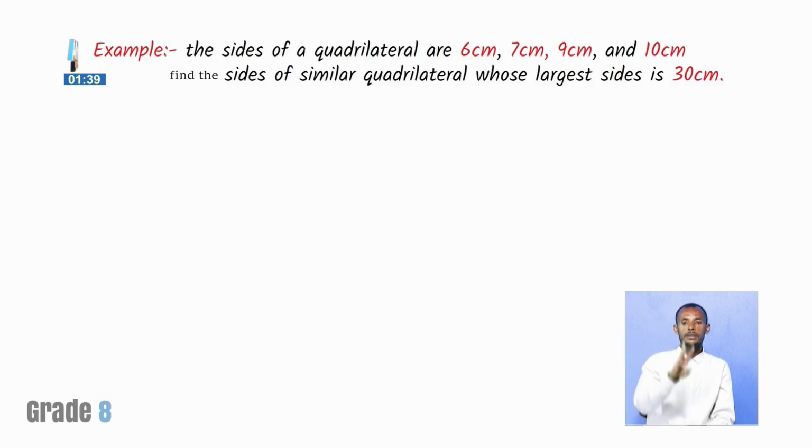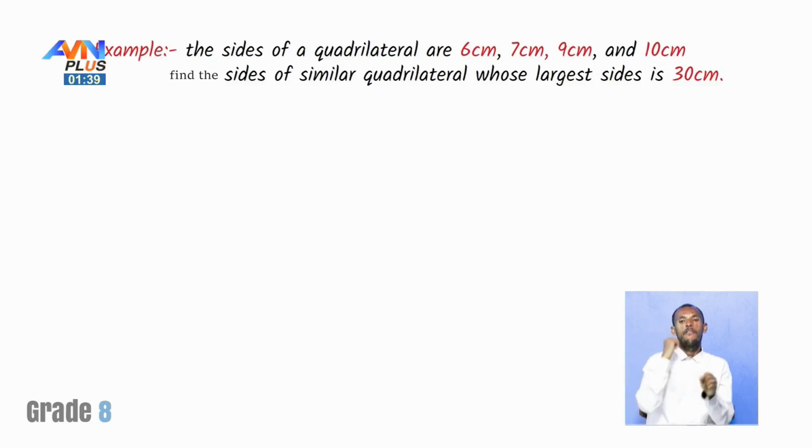The sides of a certain quadrilateral are given, 6, 7, 9, and 10 centimeter respectively.